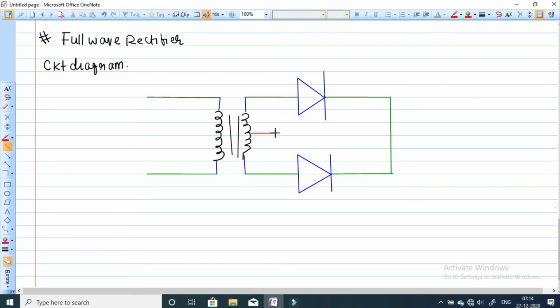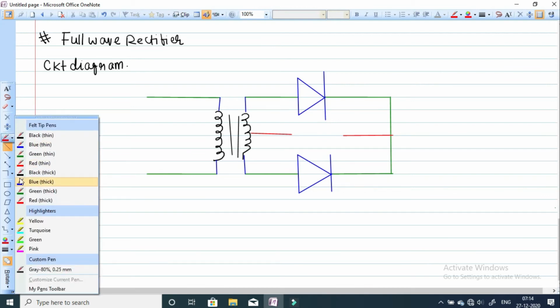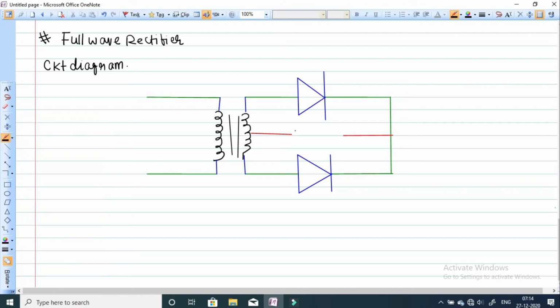Directly here we can connect. Okay, so this is your center tap. Basically a bridge rectifier is also there, but we are going to see the center tapped full wave rectifier, and this is your load resistance RL.